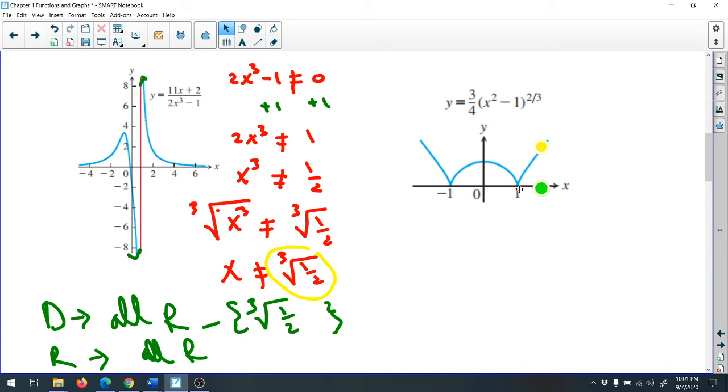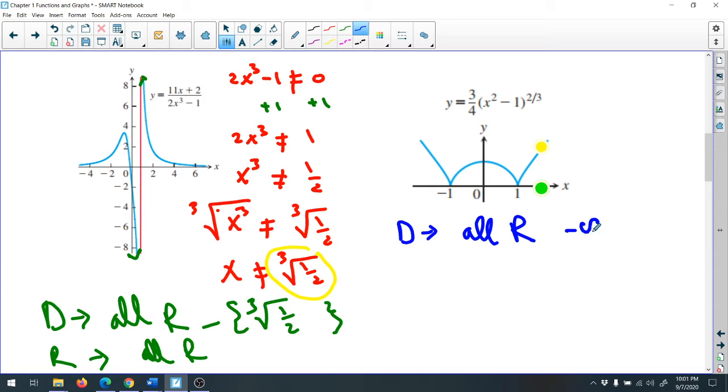So we could say that the domain is all real numbers. You could have a different formula, that's fine. Negative infinity to positive infinity, or in inequality form, x between negative infinity and positive infinity.